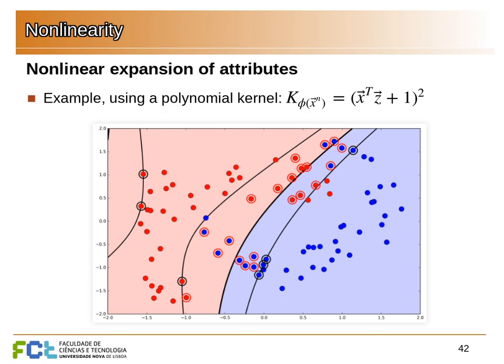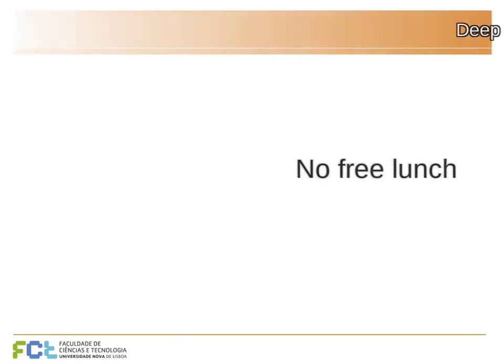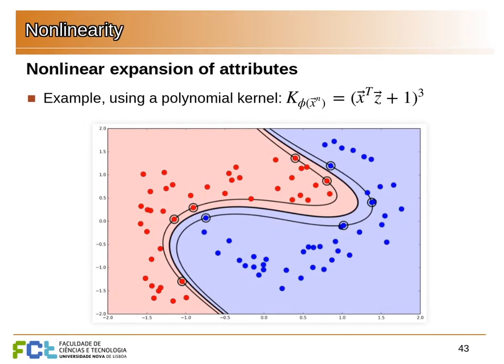So just by using these parameters, we can increase the power of the expansion, and this now gives us curved lines. We can use different kinds of kernels. For example, this one would be a cubic expansion, and this allows us to go beyond the limitations of the linear classifiers.